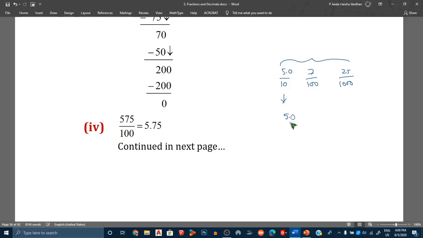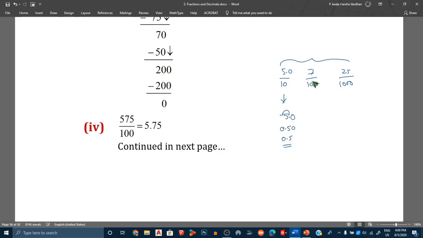Now you have to shift this point to the left side, equivalent to the number of zeros in the denominator. How many zeros here? 1 zero. So you can shift this point to the left side, leaving one digit. So this is 0.50 or 0.5 only. This is 0.5.